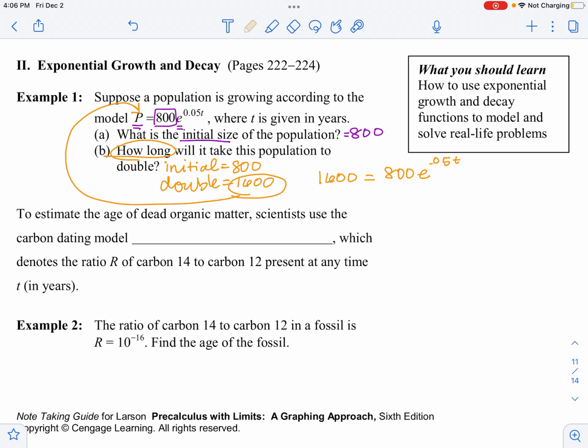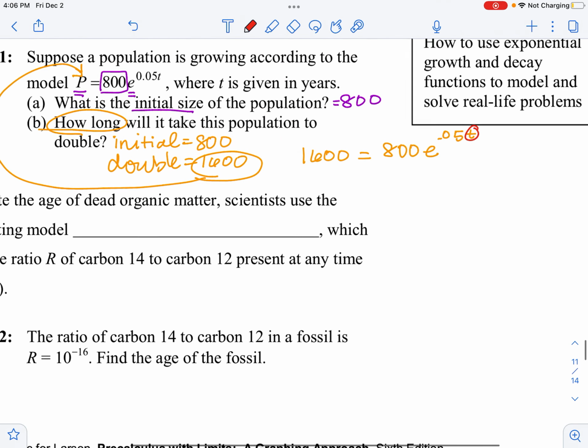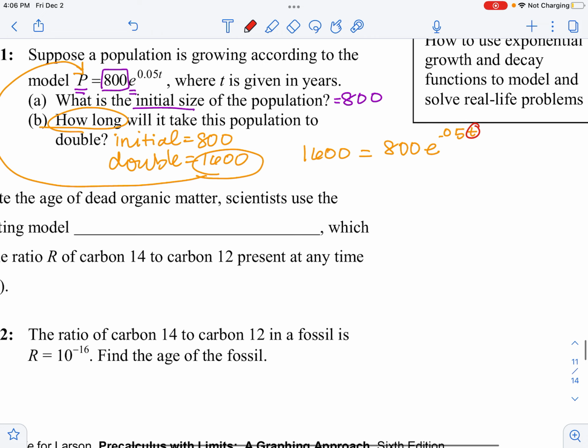And we're going to solve for the amount of time it takes. We use natural logs so we can solve this. First, in order to get t by itself, we're going to divide by 800. So 1600 over 800 is 2, which equals e to the 0.05t.